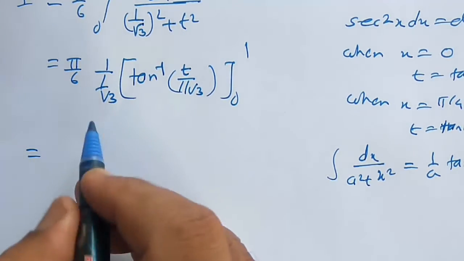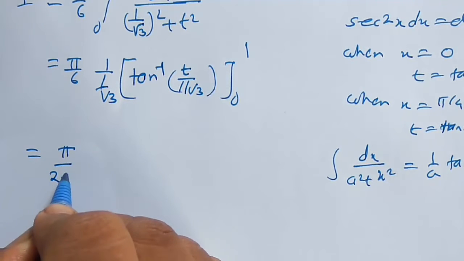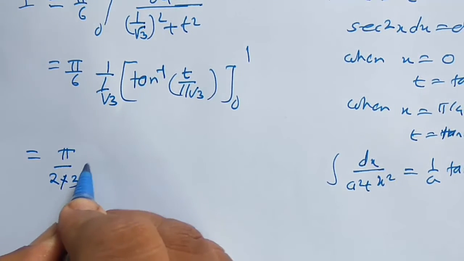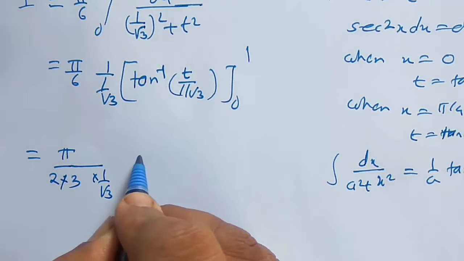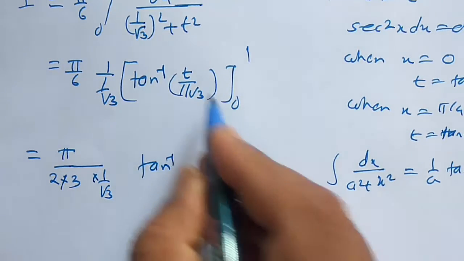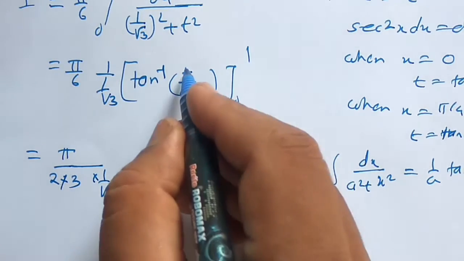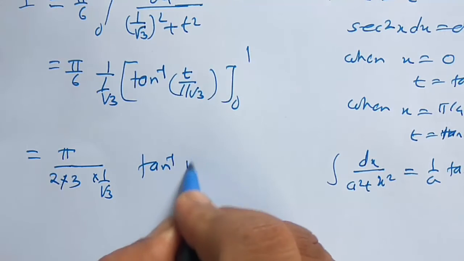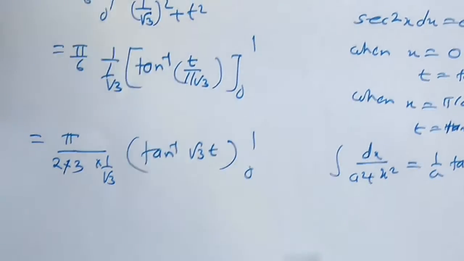So this is equal to pi by 6 multiplied by root 3 tan inverse of root 3 t, 0 to 1.